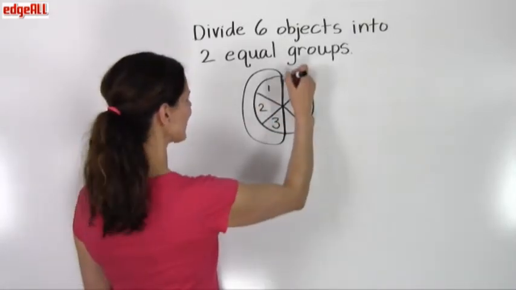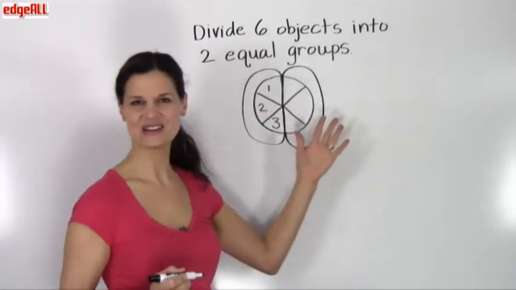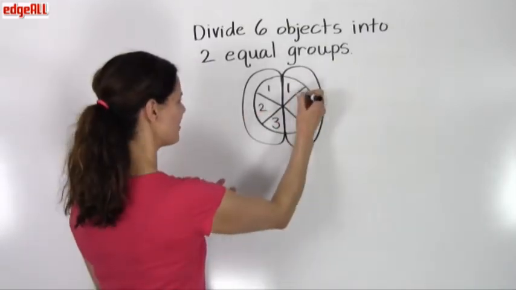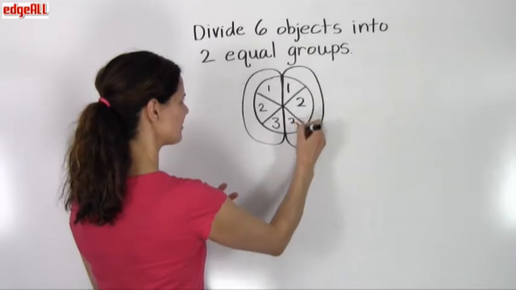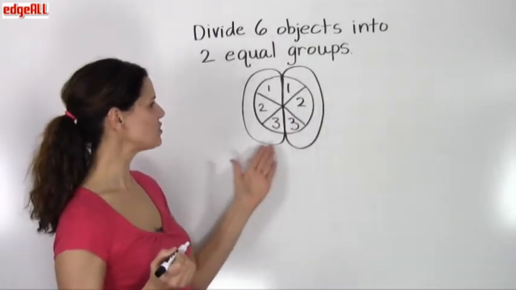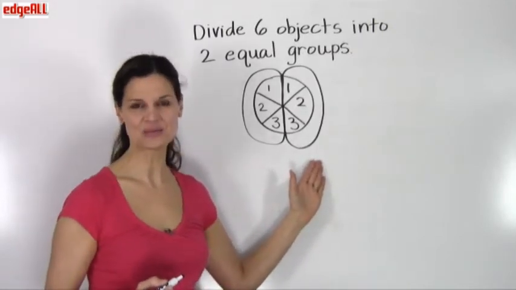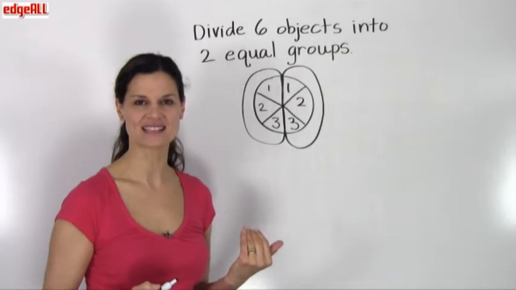And then I'm going to look at this half of the pie as my second group, where I also have 1, 2, 3 slices of pie. So when I have 2 equal groups in this case, each of my groups has 3 objects.